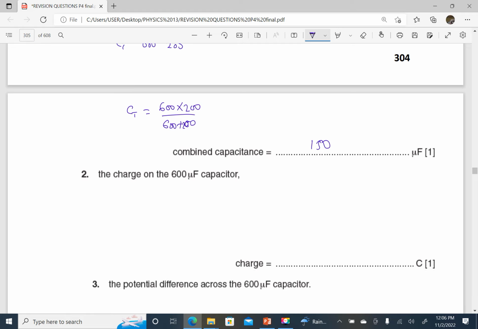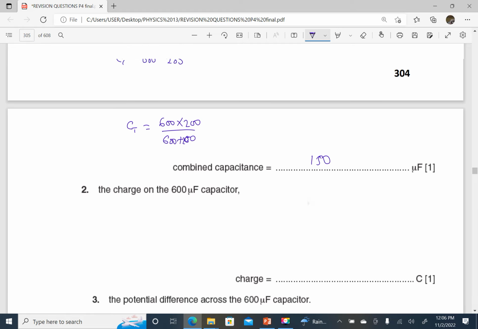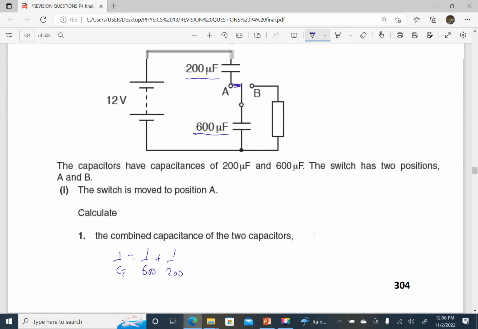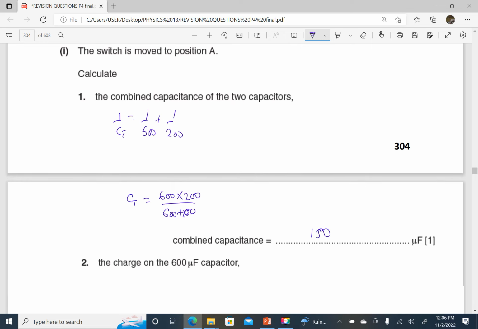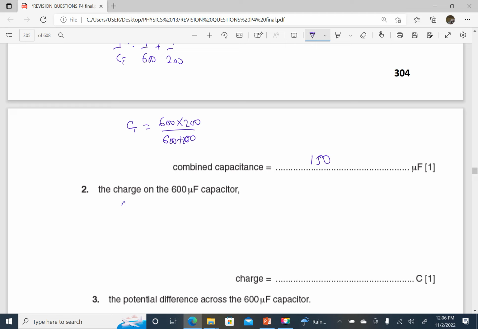Then the charge on the 600 microfarad capacitor. Because they're in series, total charge in the circuit goes on each of these plates. So we just look for the total charge. So the total charge Q is going to be equal to total capacitance times total PD.